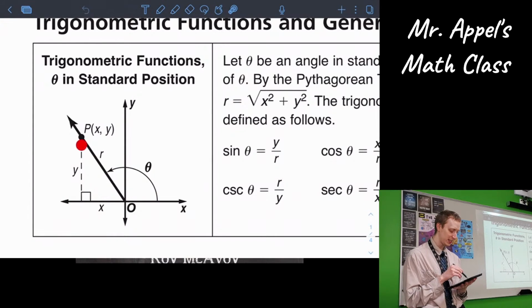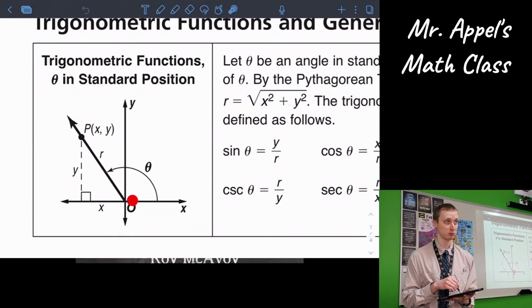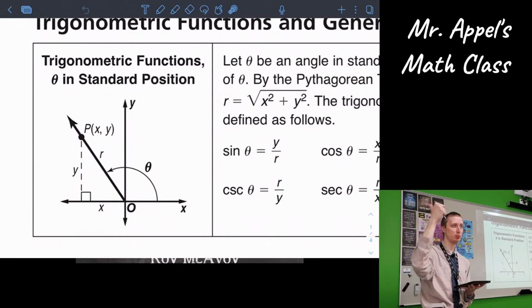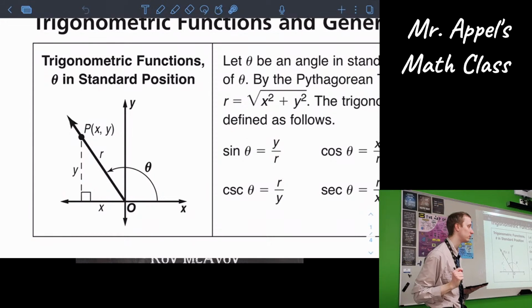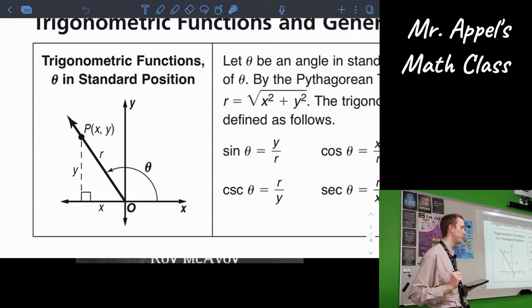What I want you to see is that any dot can be connected to the origin. Okay? That's point number one. Any point in the Cartesian plane connects to the origin. Draw a line. Done. That line, or line segment, or ray, is the hypotenuse of your right triangle.